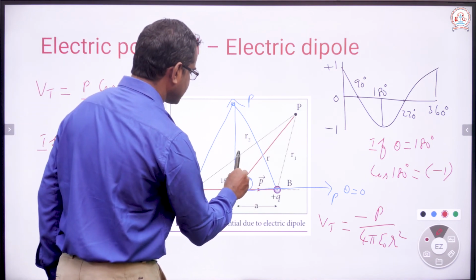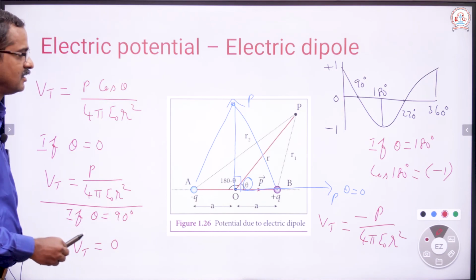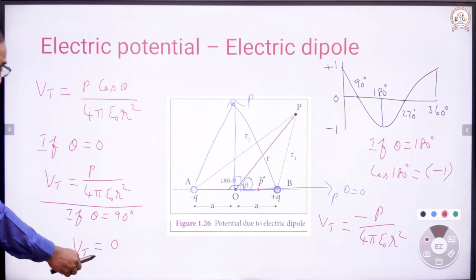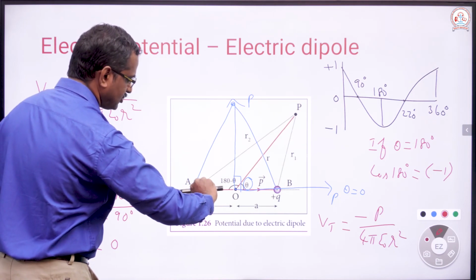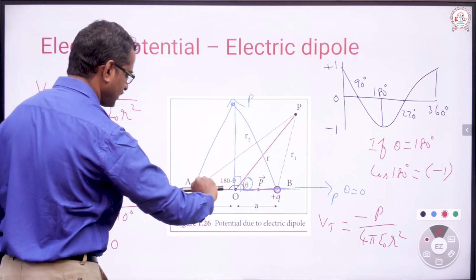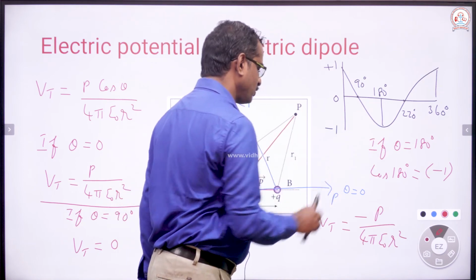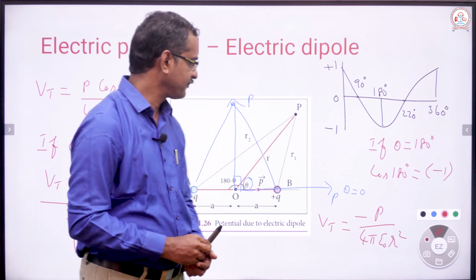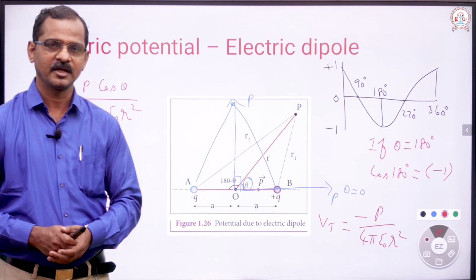If the point P is considered along the equatorial line, then theta is equal to 90 degree, cos 90 is 0, and the total potential becomes 0. If the point P is considered along the axial line but towards minus q, that is along the minus x axis, then theta becomes 180 degree, cos 180 is minus 1, therefore the total potential is minus p divided by 4 pi epsilon naught r square. So these are the special cases of electric potential due to an electric dipole.